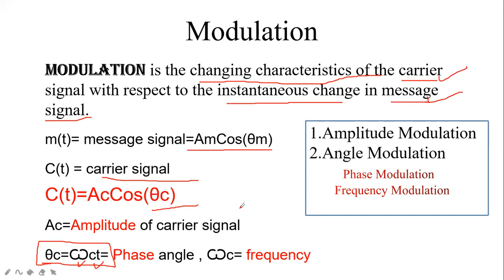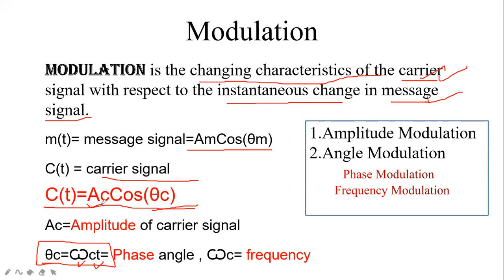So what you are doing in modulation is changing the characteristic of the carrier signal, not the message signal. This is the equation for your carrier signal, Ac cos theta c. So how many parameters do we have? We have three parameters for the carrier signal.